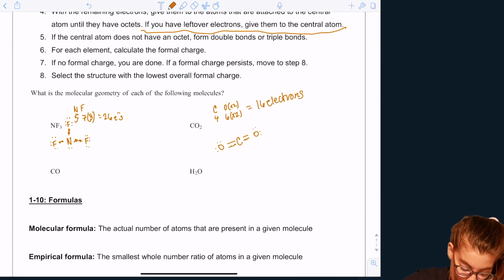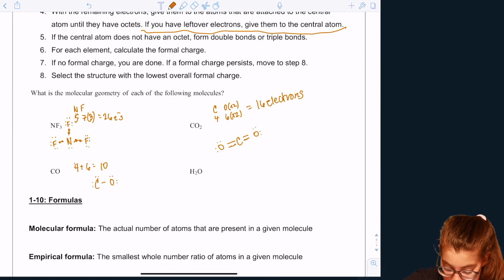Now we can do carbon bonded to oxygen. So carbon is 4 plus 6 for oxygen, that's 10 electrons. So carbon bonded to oxygen, that's 2 electrons, then 2, 3, 4, 5, 6, 7, 8, 9, 10.